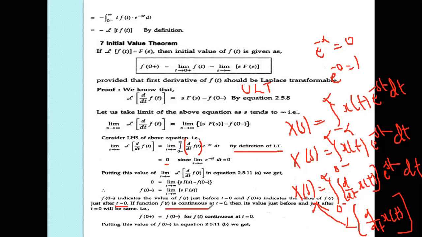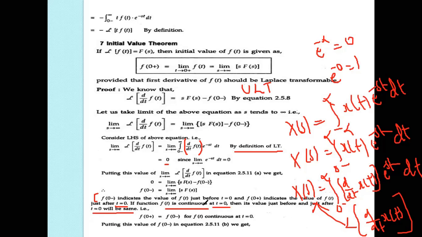If the function is continuous at t is equal to 0, then its value just before and just after t is equal to 0 will be the same. Okay, my dear students, remember this one. f of 0 minus indicates the value of f of t just before t is equal to 0, and f of 0 plus indicates the value of f of t just after t is equal to 0.